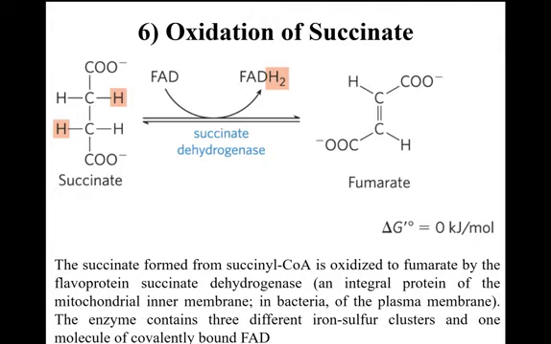And so the succinate from succinyl coenzyme A is oxidized to fumarate by the flavoprotein succinate dehydrogenase. And the enzyme contains 3 different iron sulfur clusters and 1 molecule of covalently bonded FAD.